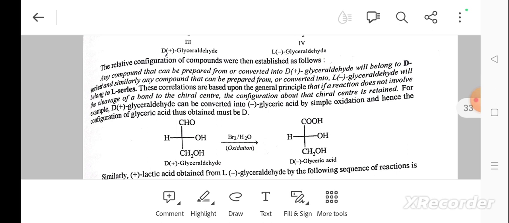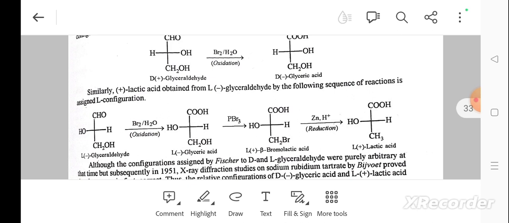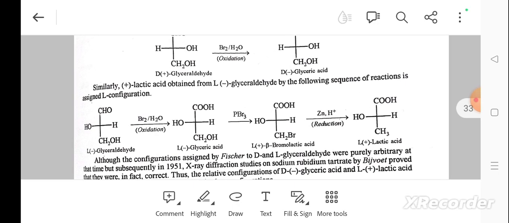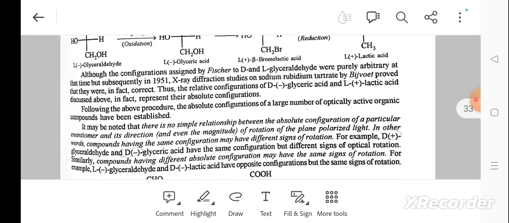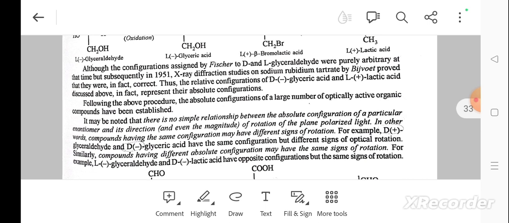For example, D-glyceraldehyde can be converted into D negative glyceric acid by simple oxidation, and hence the configuration of glyceric acid is designated as D. Similarly, the positive lactic acid obtained from the L negative glyceric acid by the following sequence of reactions is assigned the L configuration.